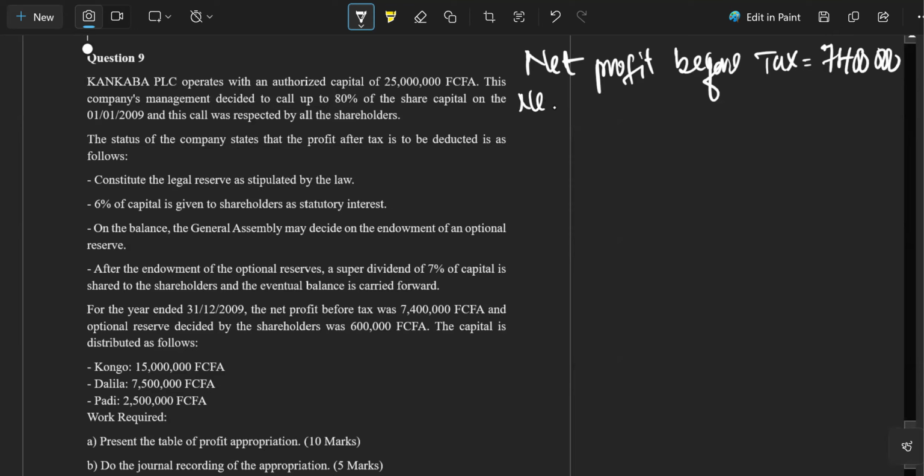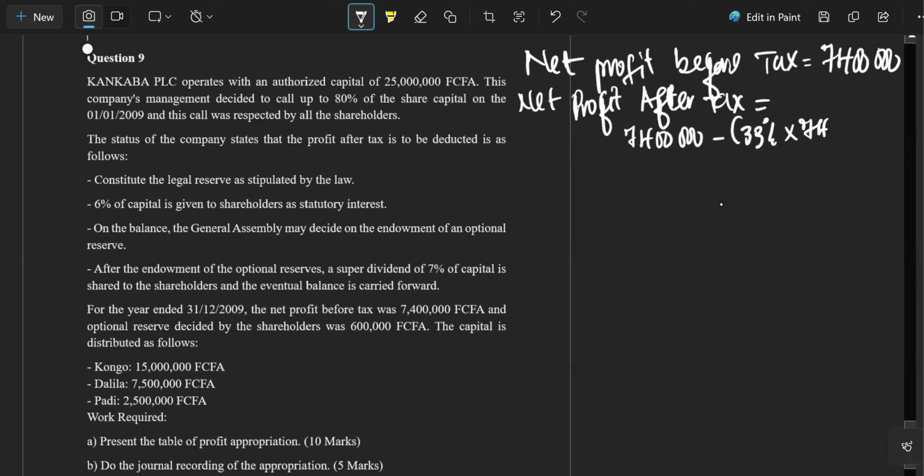So net profit after tax will be equal to 7.4 million minus 33% times 7.4 million.